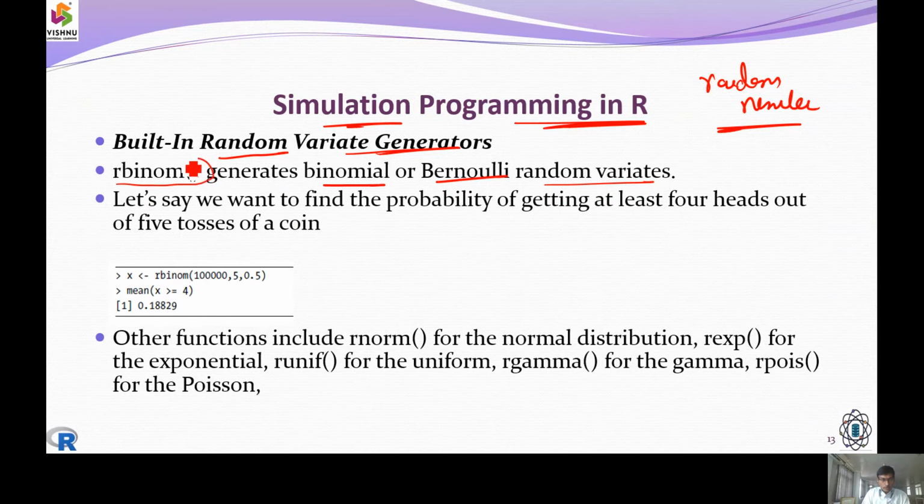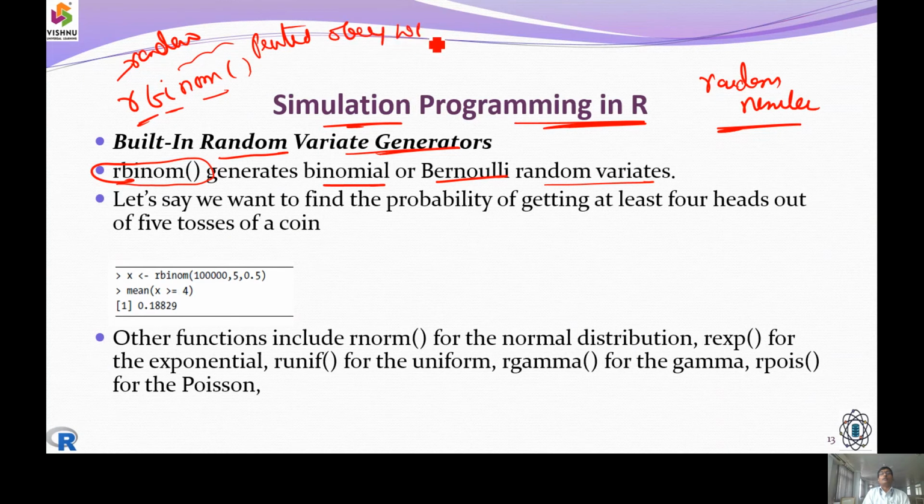And there it is working with a vector, with a function called random binomial. So here we get a random value, and it should obey the binomial random series. That is the key concept here.